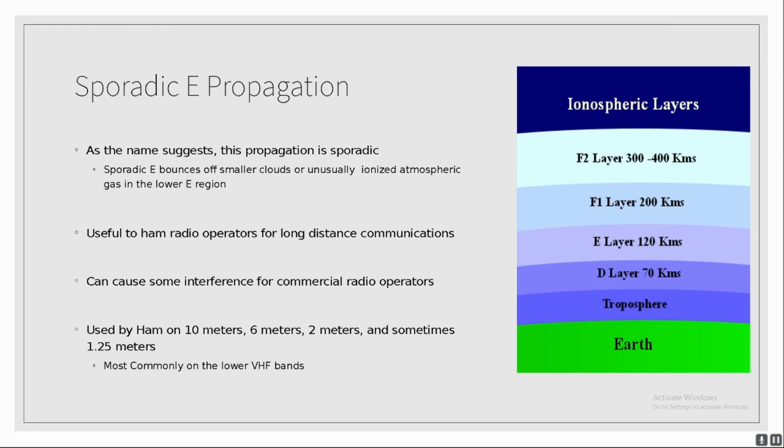It can cause some interference with commercial radios, just because some of them are within that 155 megahertz range. It's used by hams on 10, 6, 2, and 1.25 meters, but you'll see it most commonly in the lower VHF bands.